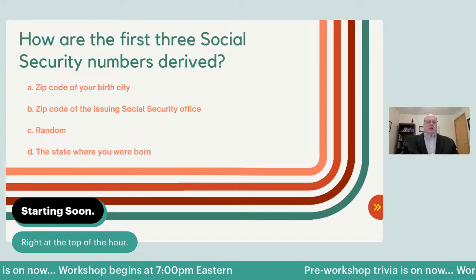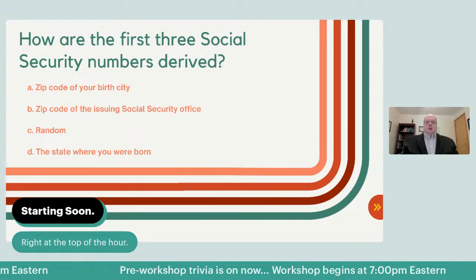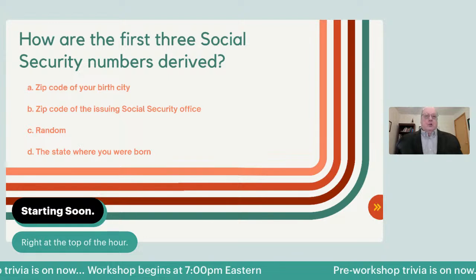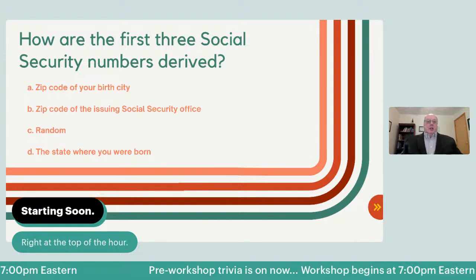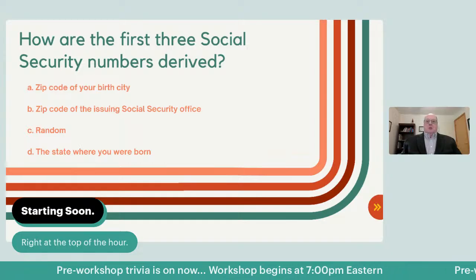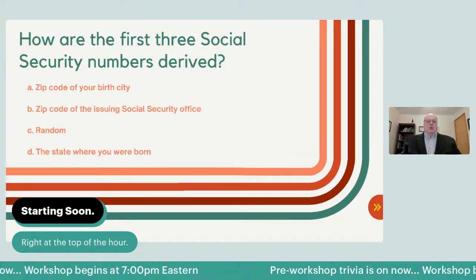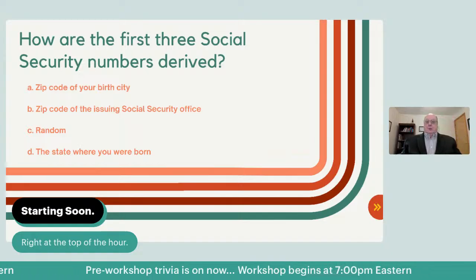We'll give you a second here to answer. I see some answers. If you've just joined, we're doing some quick trivia just before we get started at the top of the hour. Not very much time at all, but we'll enjoy it while we can. There's another one. I see a D, a couple Ds.